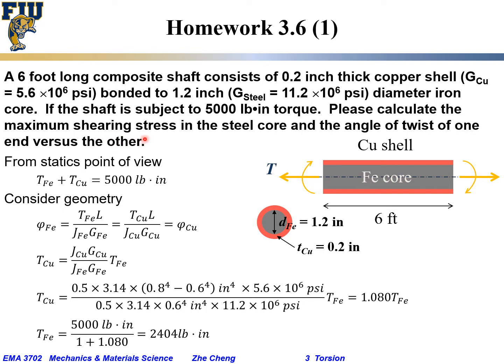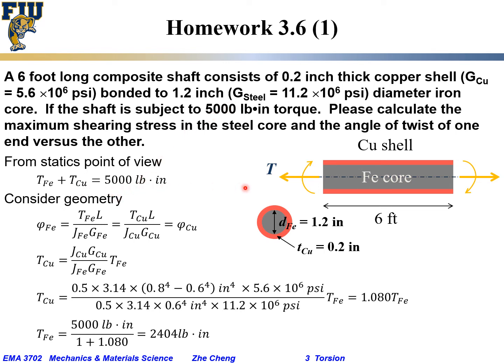This is a statically indeterminate problem. From the statics point of view, the torque borne by the iron or Fe and the torque borne by the copper or Cu add up to the total torque, 5,000 pound-inch.